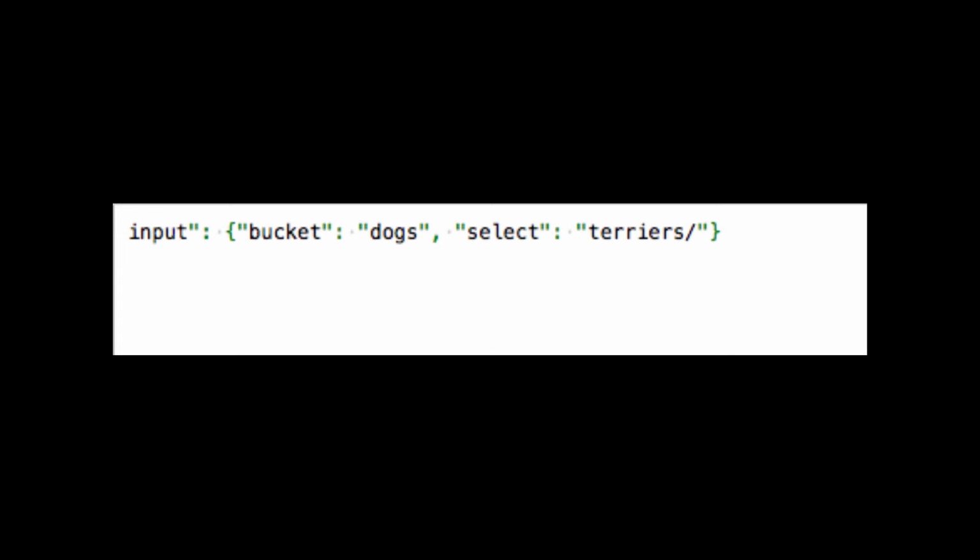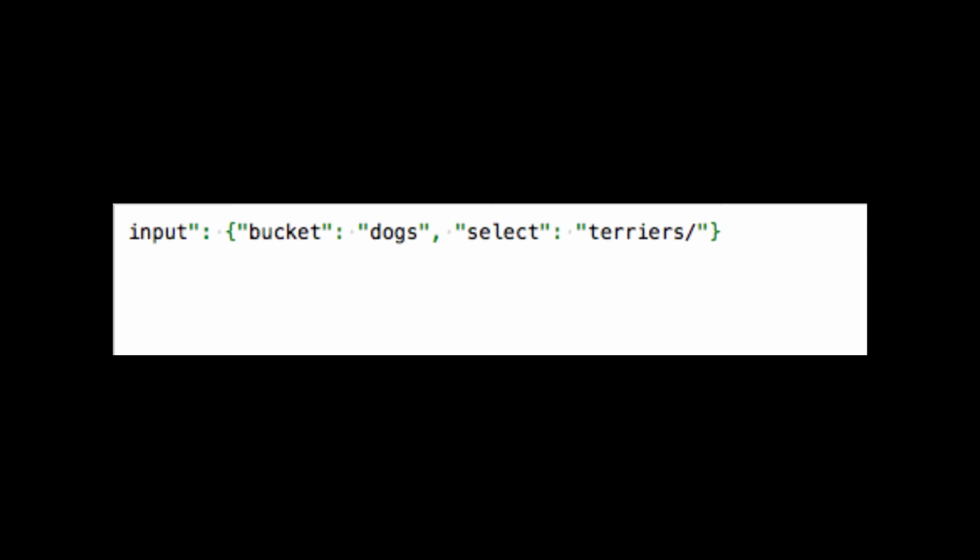Similarly, node inputs have a rich set of properties that allow us to filter and combine store data in a variety of ways. The select property is analogous to an SQL where clause. It specifies a subset of the store that will trigger the node. Subsets can be a simple key, such as bucket dogs key rover, which means only data about Rover will trigger the node, or it can be a wildcard of which there are 2 variants.